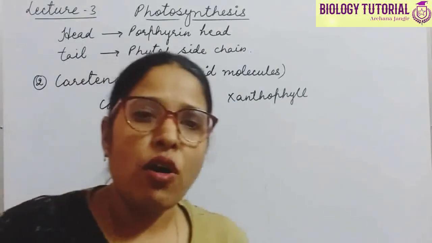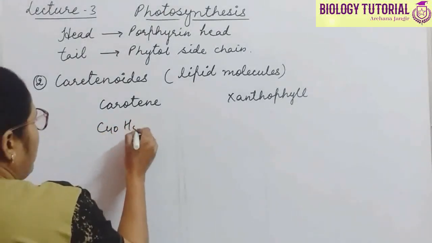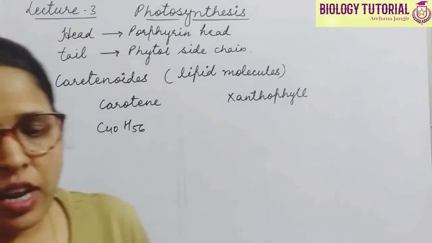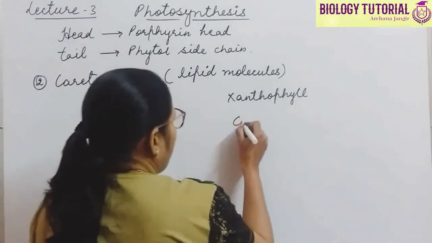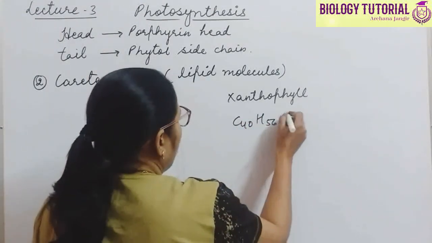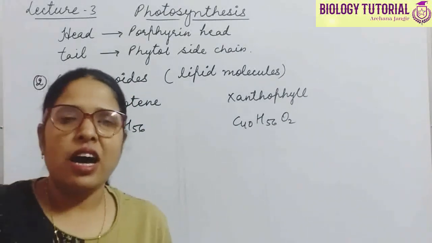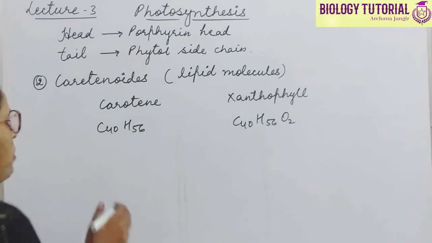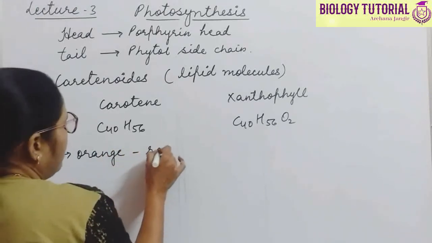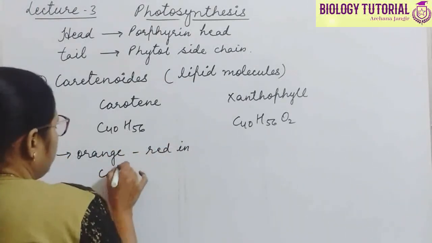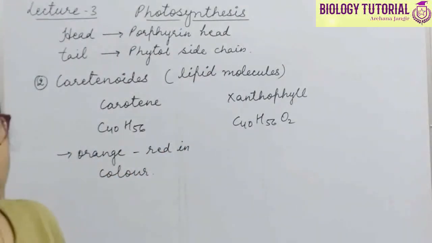The chemical formula of carotene is C40H56, and the chemical formula of xanthophyll is C40H56O2. The carotenes are orange-red colored pigments, while the xanthophylls are brownish in color.